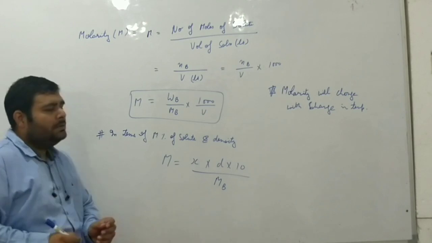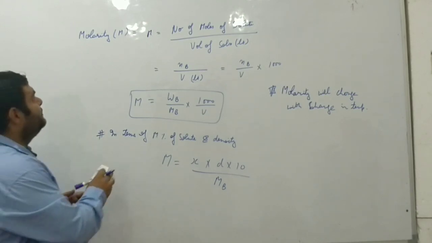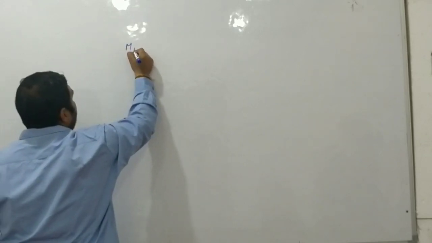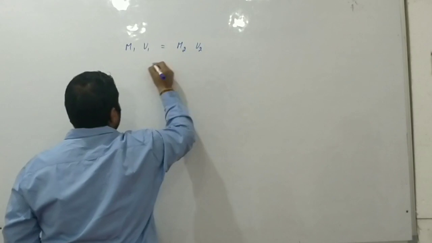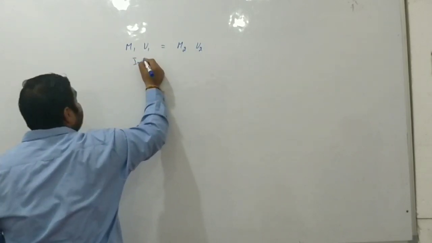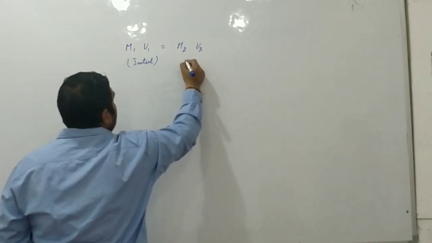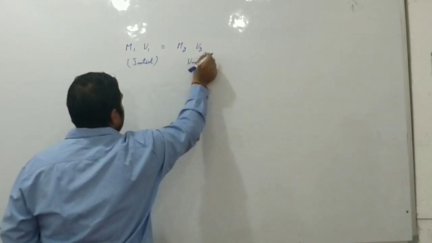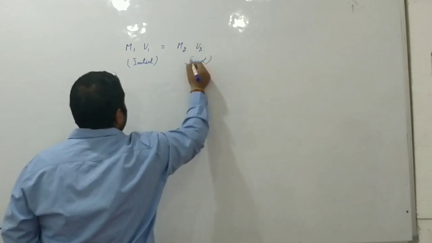So here we can now see the molarity equation. Now what is the molarity equation? Our molarity equation is M1 V1 is equal to M2 V2, where this is the initial term and this is the final term.